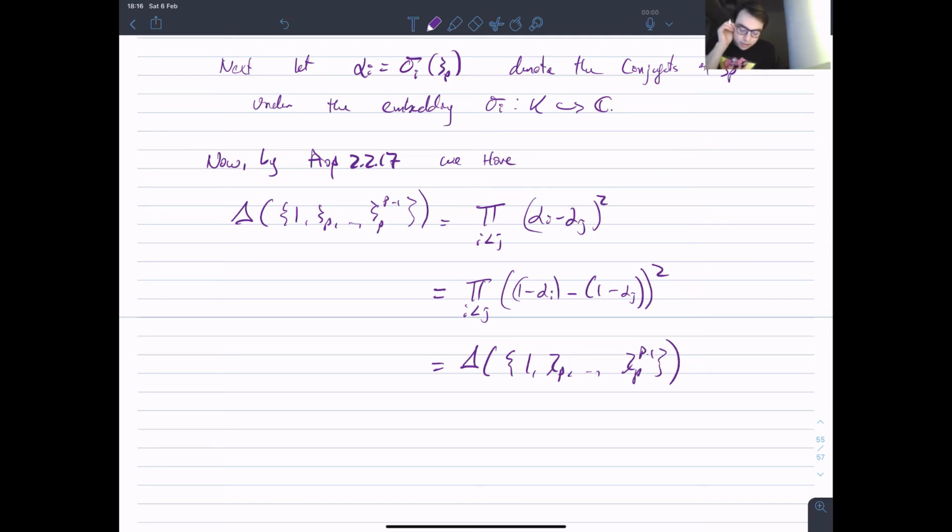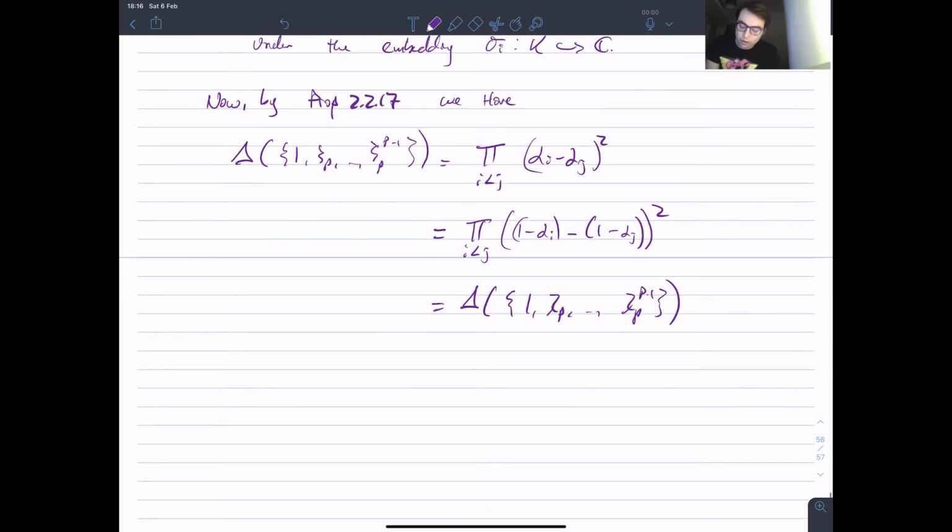So how do we work out what the discriminant is? We know that these two discriminants of these two different bases are the same, but how do we work out what the discriminant is? By proposition 2.2.19, now we have the discriminant of 1, z_p, ..., z_p^(p-1).